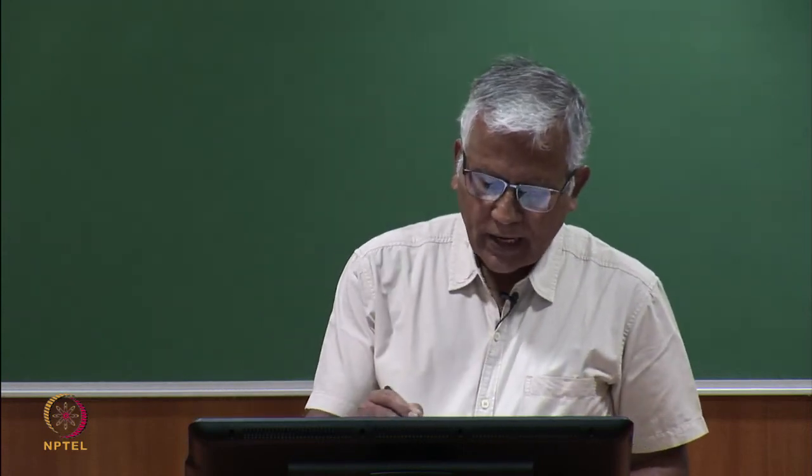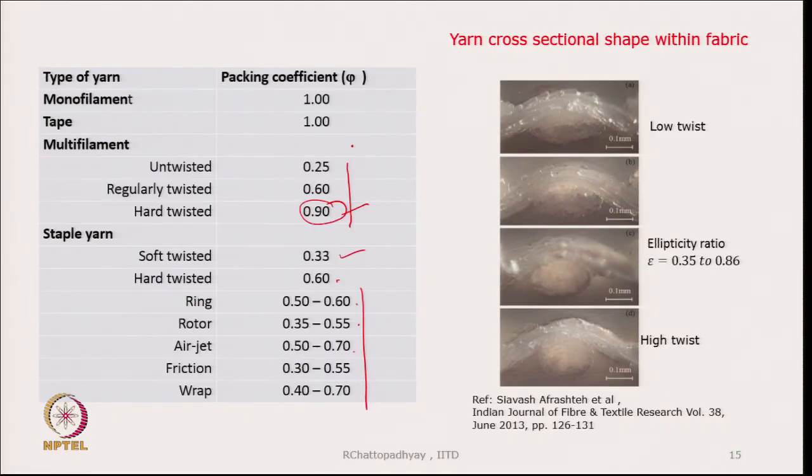Anyway, typical packing values are stated here, and on the right hand side I show you an interesting picture that gives you the deformation of the yarns within the fabric. There are 4 images here. This is for low twist, this is for high twist, and these 2 are for intermediate levels of twist.